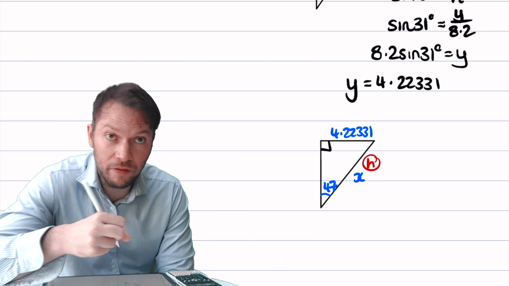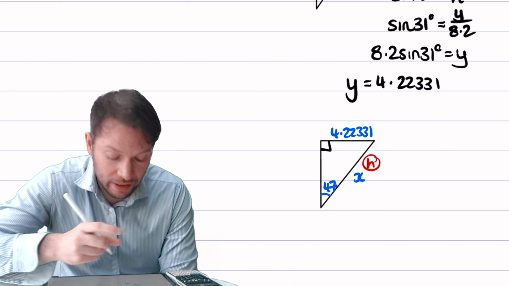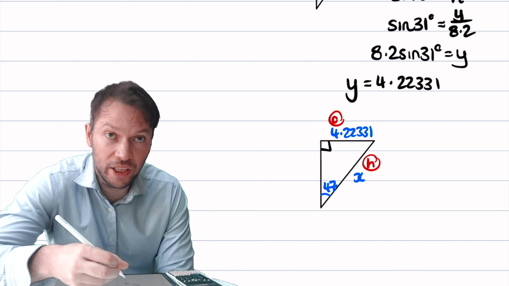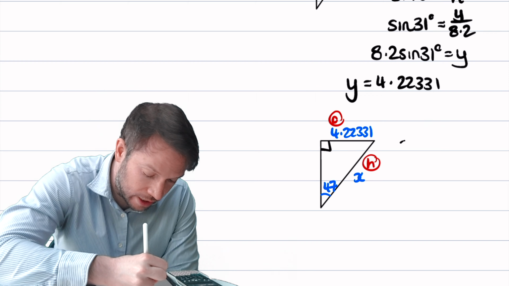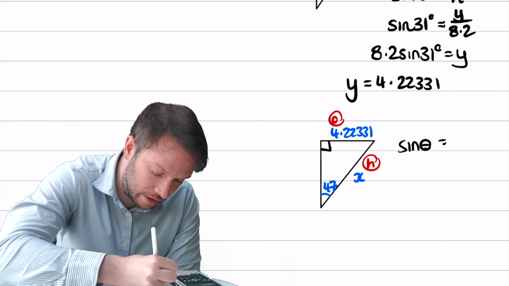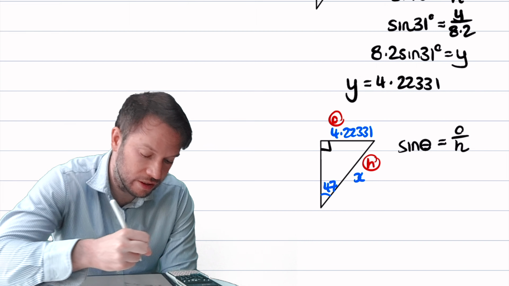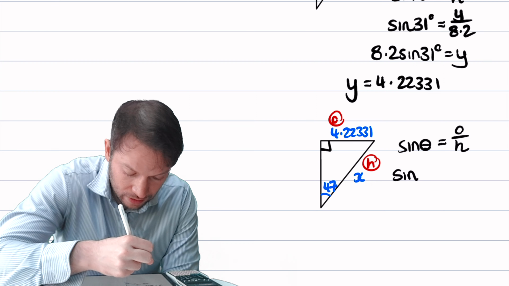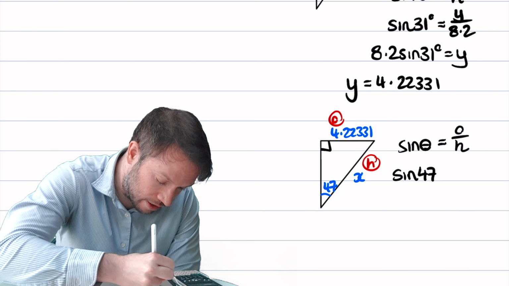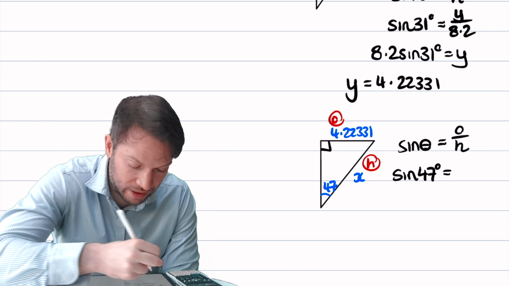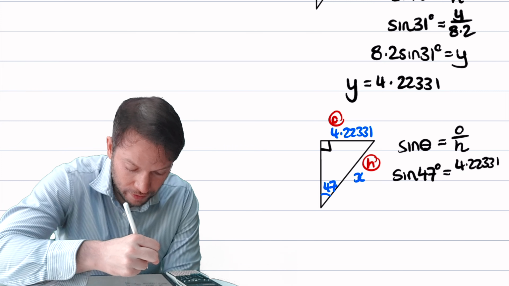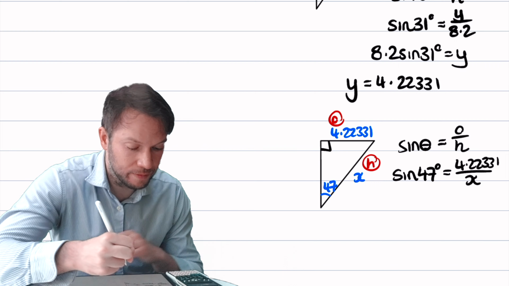And again, that 4.22331, it's opposite the angle of interest, the 47. So that is the opposite, O. And so we're going to use sine again. So remember, sine of theta is the opposite over the hypotenuse. So we substitute in sine of theta, which is sine of 47 degrees, equals the opposite, which is 4.22331, over the hypotenuse, which is x.